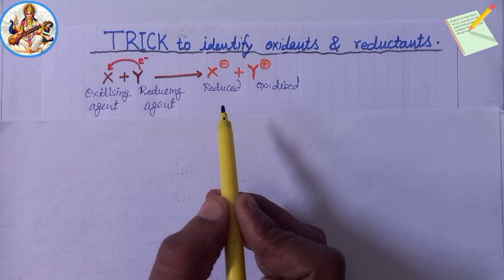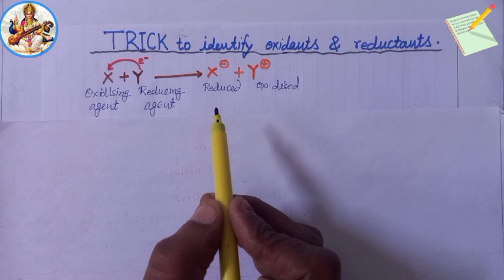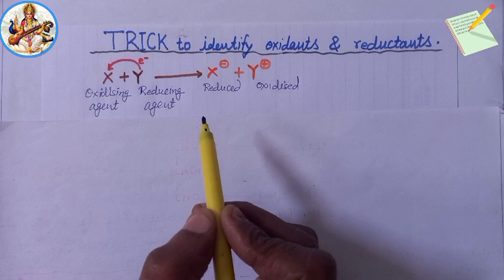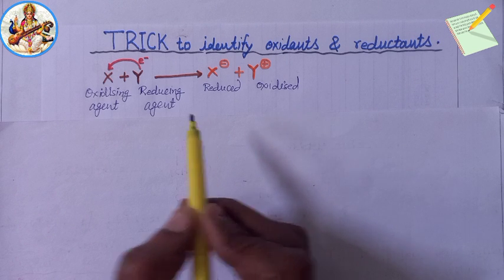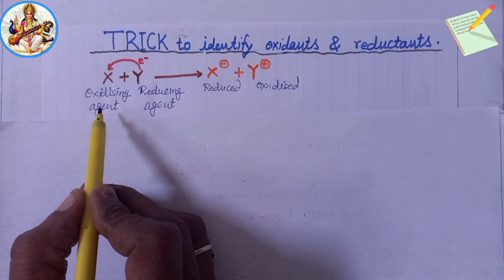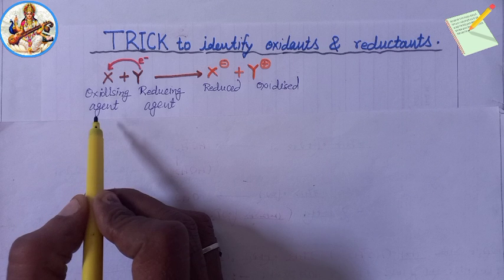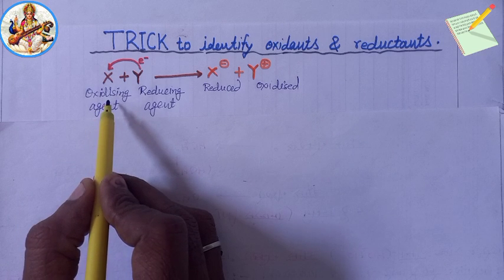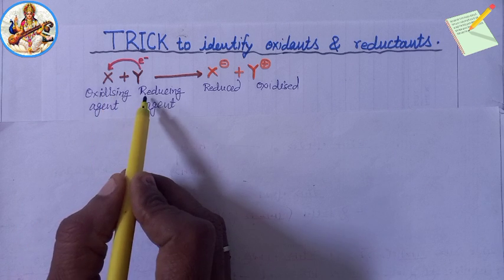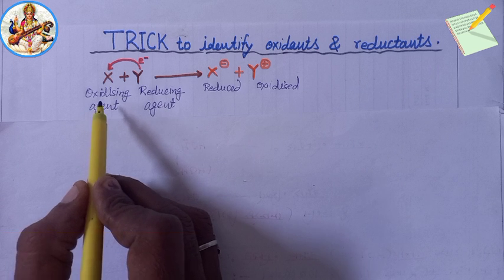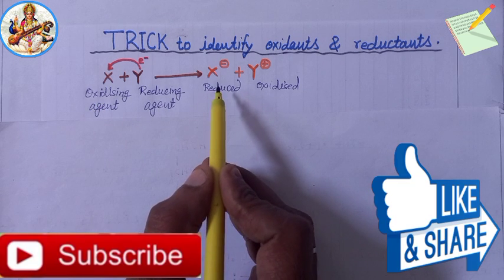When a species accepts electrons in a chemical reaction, it is known as an oxidizing agent or oxidant. These substances oxidize others but reduce themselves.